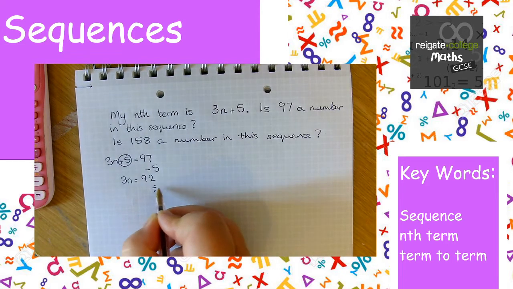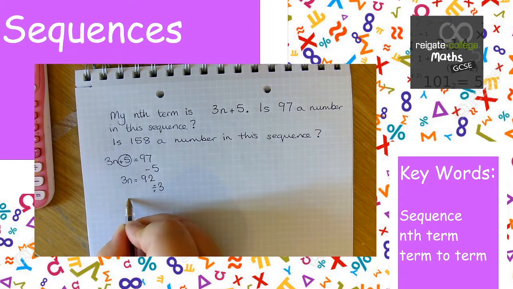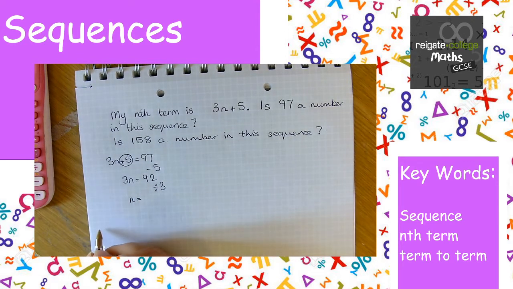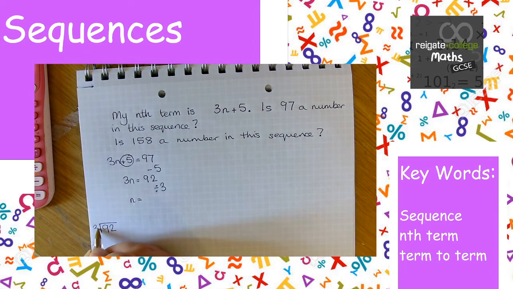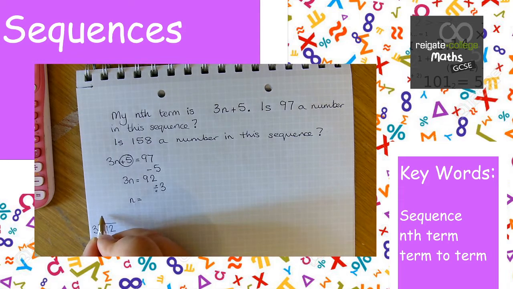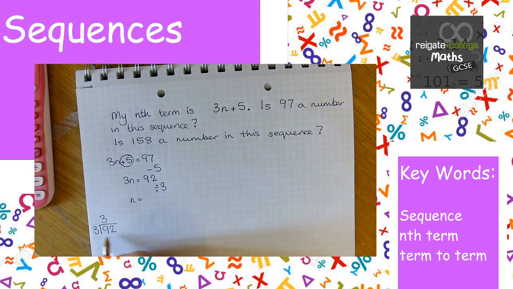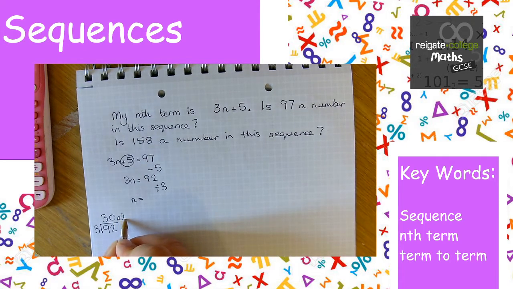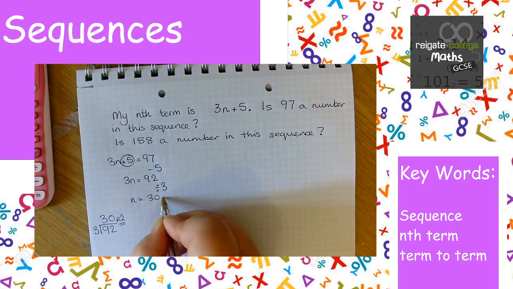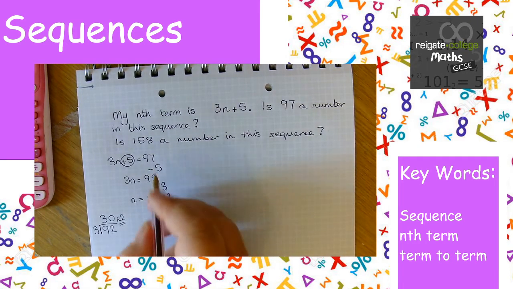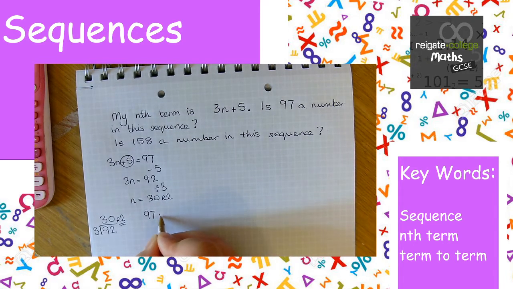By dividing by 3, n equals, now if I do this as a side division sum, 92 divided by 3, 3's into 9 go 3, 3's into 2 don't go. I have a remainder. If I have a remainder, 97 is not a number in the sequence.